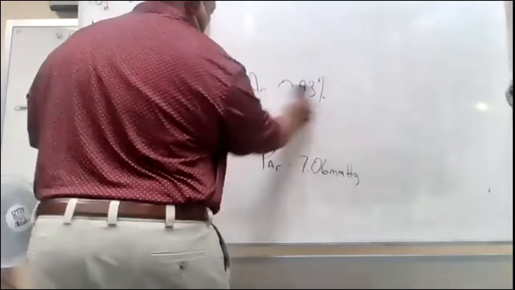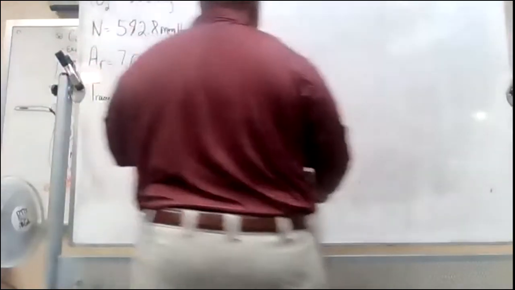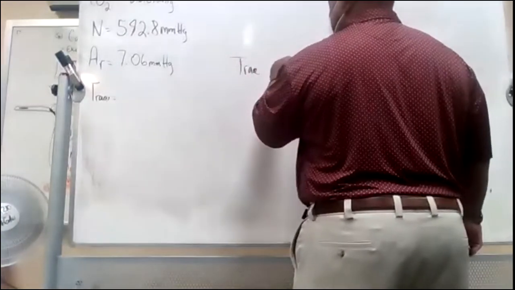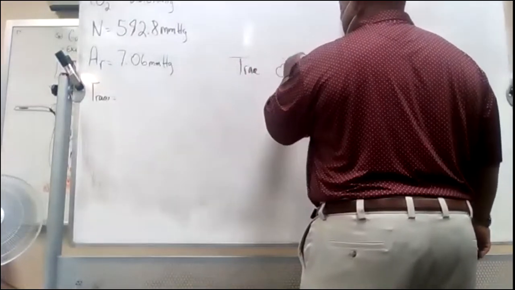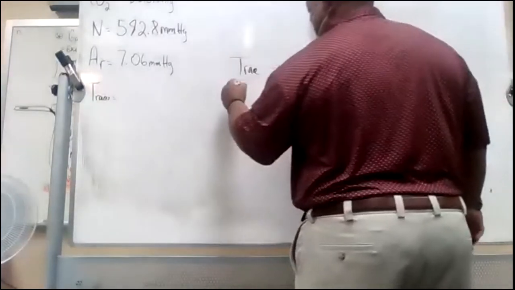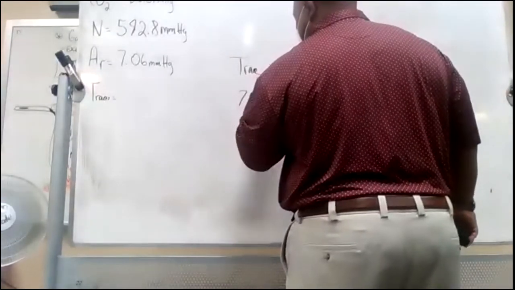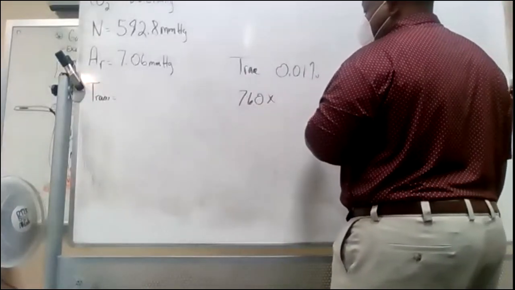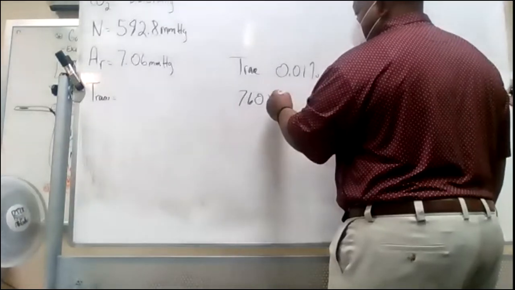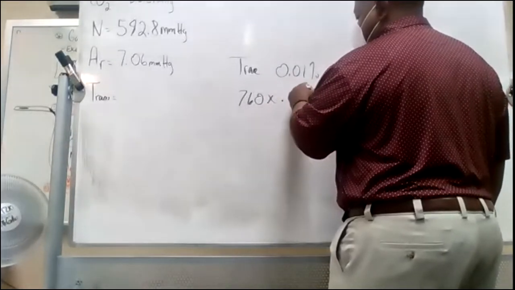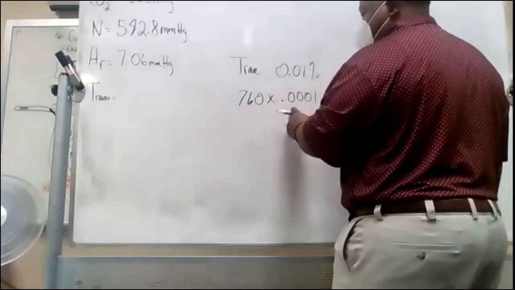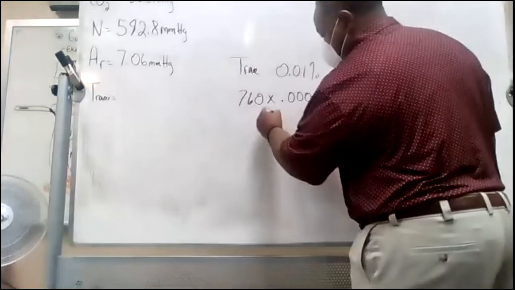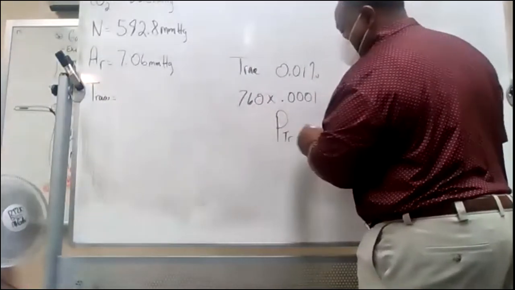Trace gases are 0.01%. So that would be 760 times 0.0001.